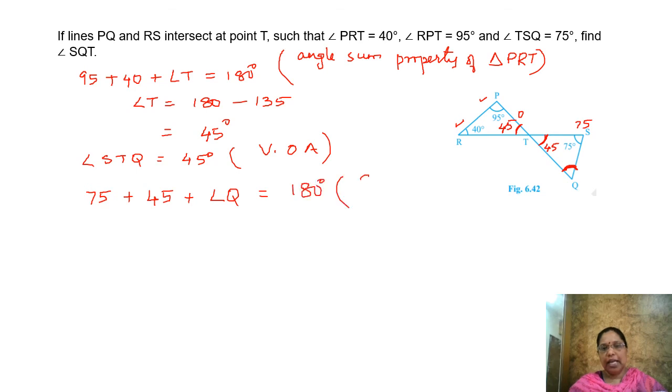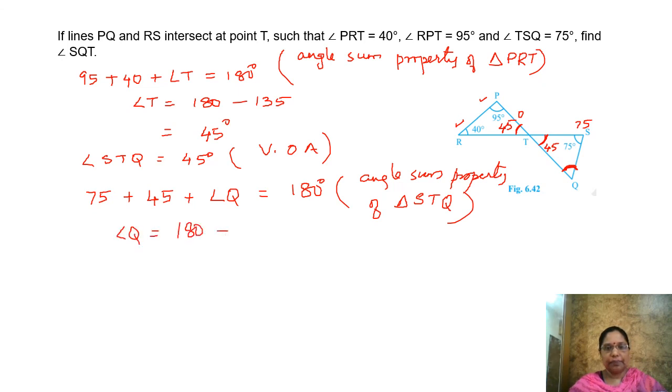That is again angle sum property. Which is the triangle we are using? Triangle STQ or SQT, anyway you can name it. Then what is angle Q you are getting? 180 minus 120, angle Q is equal to 60 degree. Have you got it?